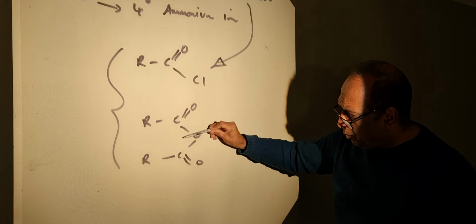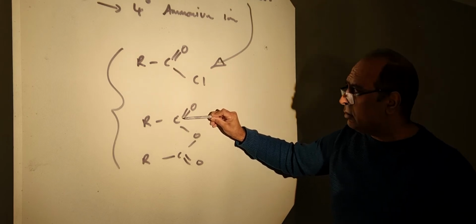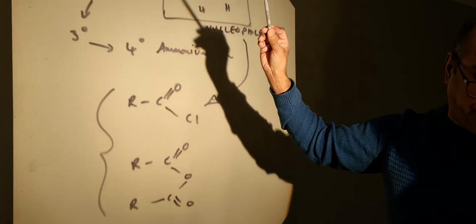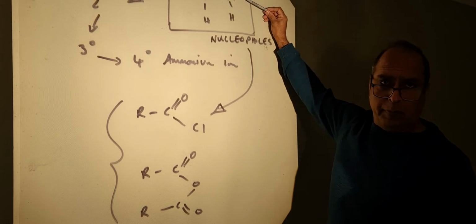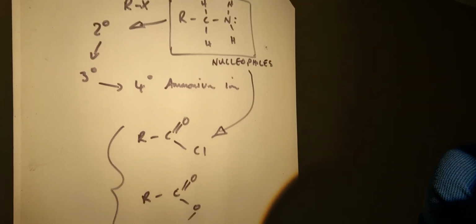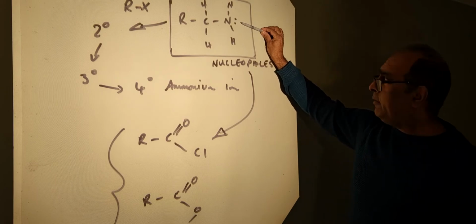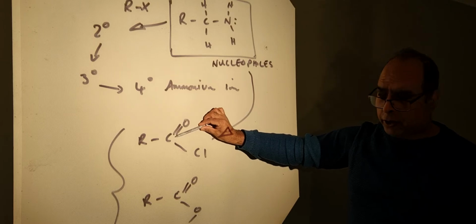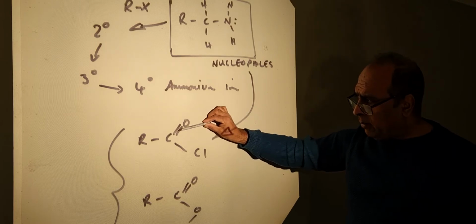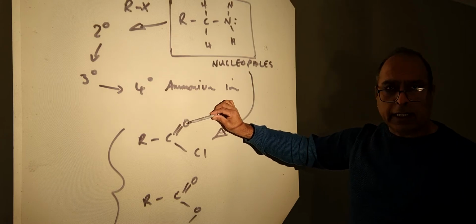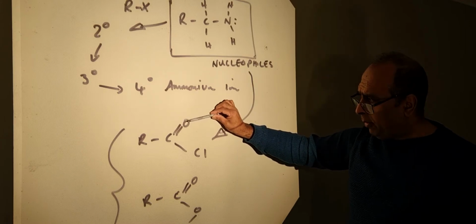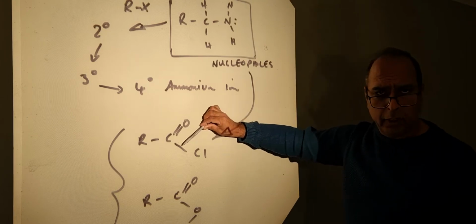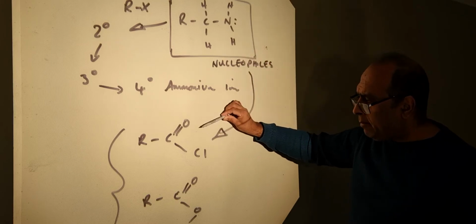That and that are both electron deficient carbon centers. So, nucleophile, the pair of electrons on the nitrogen, that pair of electrons can come along and make a bond with the carbon. Remember, the double bond in the carbonyl will open, they'll get an intermediate, and then that double bond will close, reform the carbonyl, kick out the chloride ion. Chloride ion gets kicked out, and you get an amide.